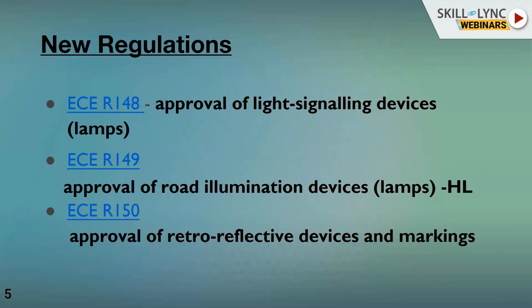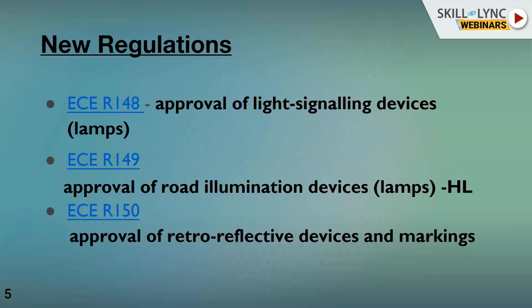So this new regulation has been introduced, and the reason for changing the regulation from each function to a complete bunch is that whenever they get some feedback, they release a new update on the regulation. Like if they got feedback on the turn signal, they had to update R4.